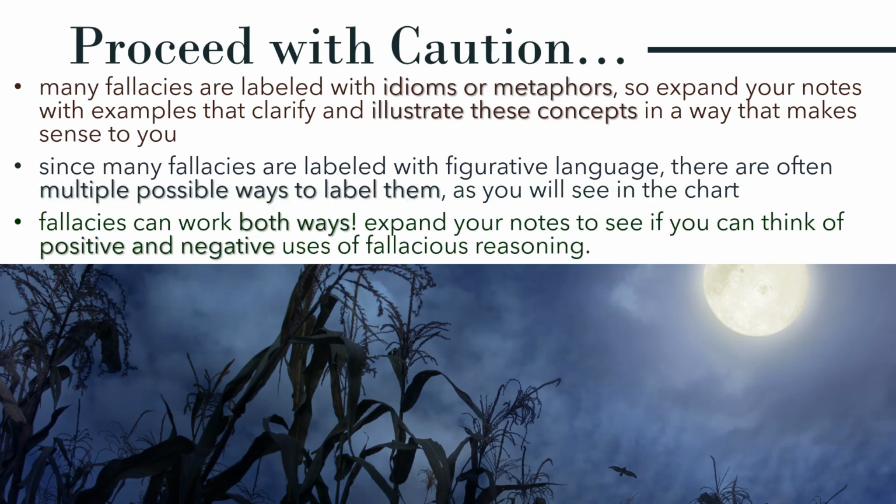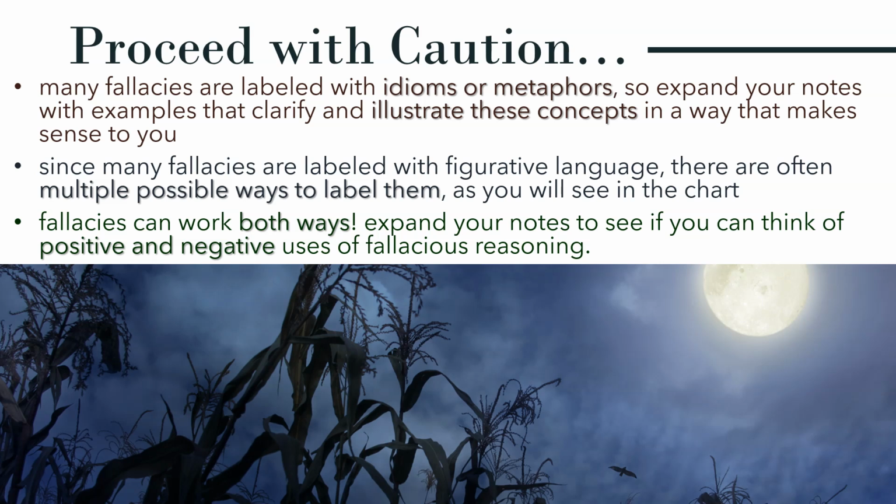And then finally, oftentimes when we're going through the examples, we'll look at the way fallacies can be used in one way only, usually with negative connotations and negative argumentation. But it's important to keep in mind that fallacies can work both ways.